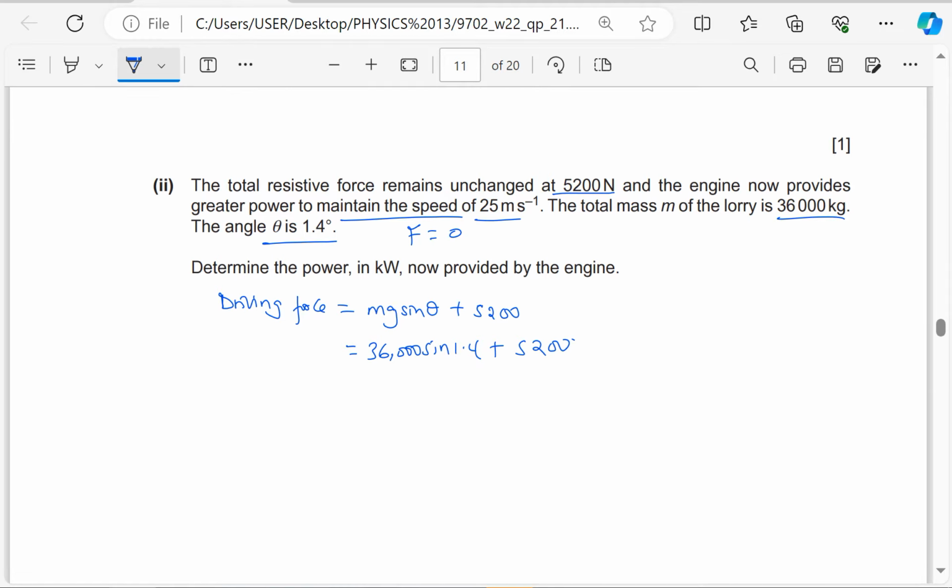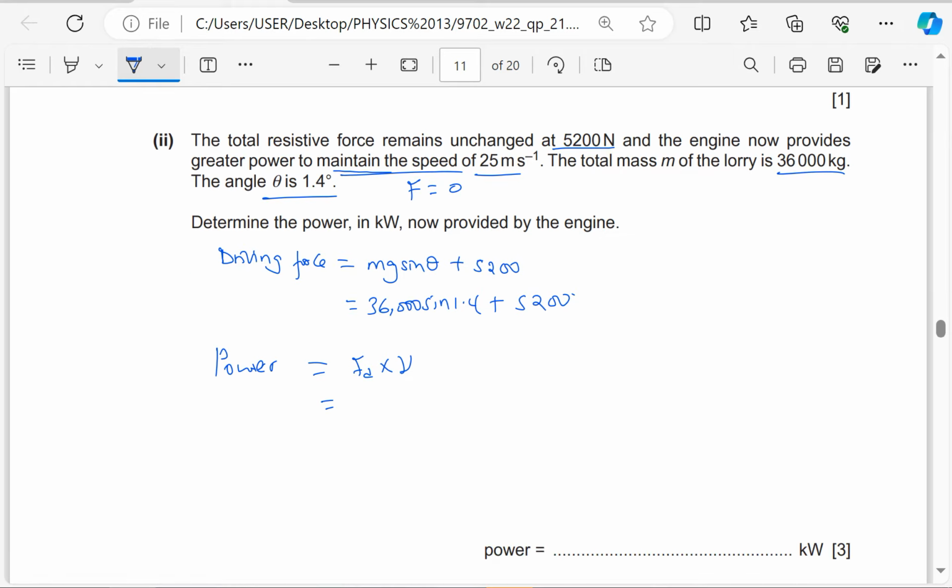That's the total driving force. Then the power is going to be the driving force Fd times V. I'm saying Fd upwards is the same as the total force downwards because the speed is remaining the same. The resultant force should be zero. So this gives me 36,000 sine of 1.4 plus 5,200, and I multiply this by 25.